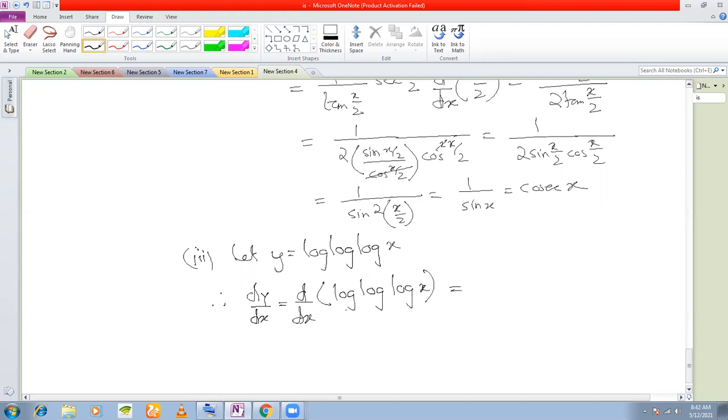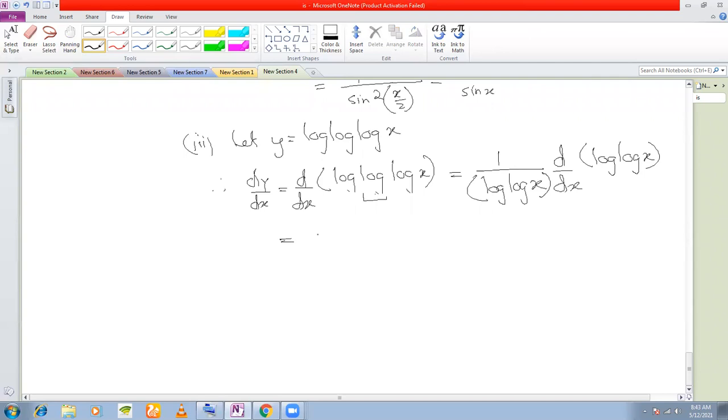How do you differentiate? First you differentiate the outer log, because this log contains these two, right? If you differentiate this log, you get 1 by log x. So outside your log, you have differentiated. Now you go to the next inside log. You differentiate d dx of log x.